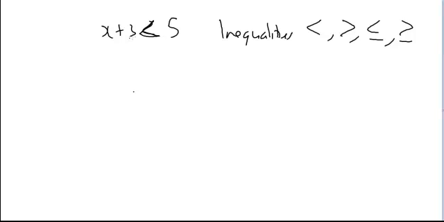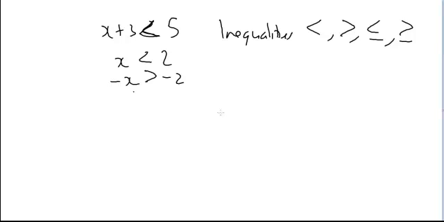So from this we can subtract 3 from both sides and we'll get x is less than 2. Now if you multiply both sides by -1, we get minus x is greater than -2. That's the only thing to keep in mind. Otherwise, you can treat the inequalities the same way that you treat an equal sign.